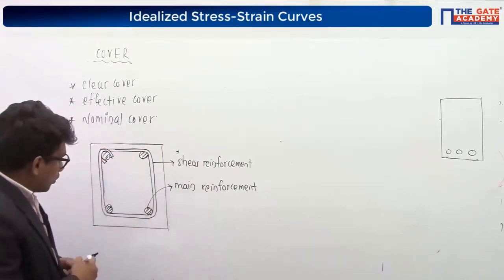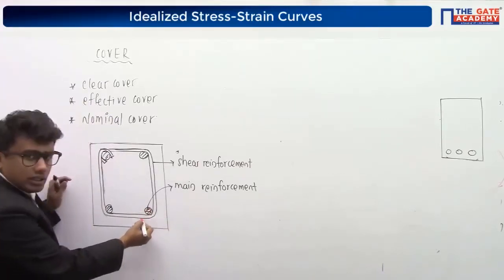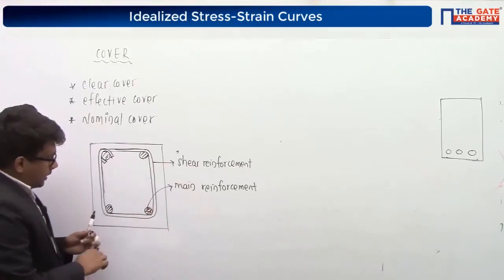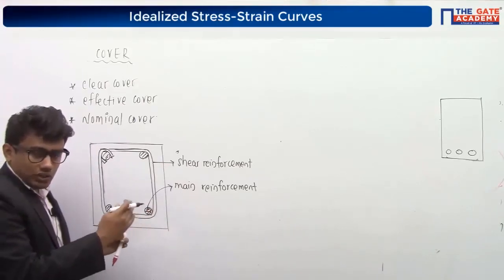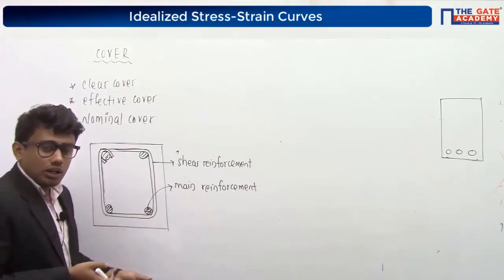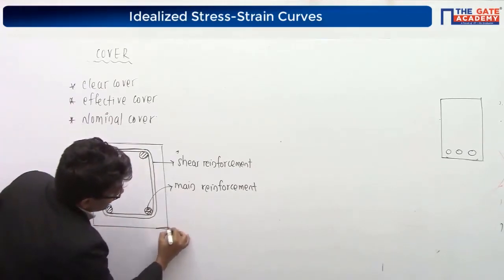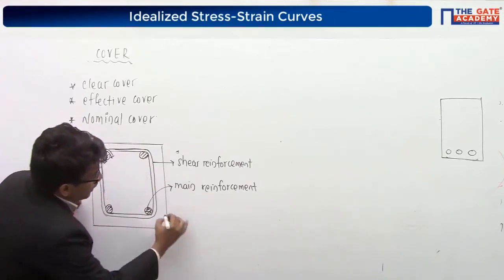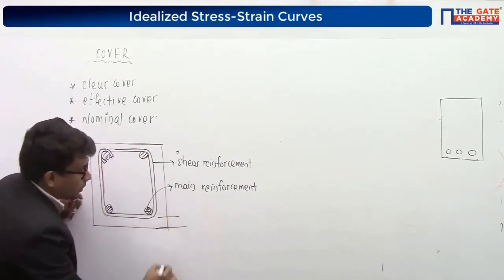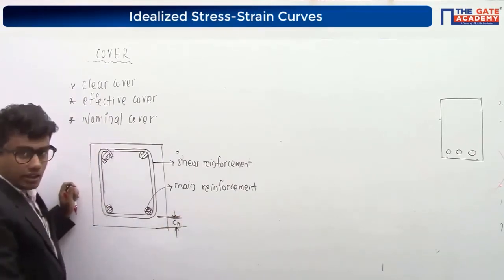Here we can see we have our main reinforcement, and we have one more reinforcement here, that is called secondary stirrup or our shear reinforcement. Yes, Saksham, you are right. The distance from the nearest face of the concrete to the nearest reinforcement is called our nominal cover, which I am going to consider as CN.